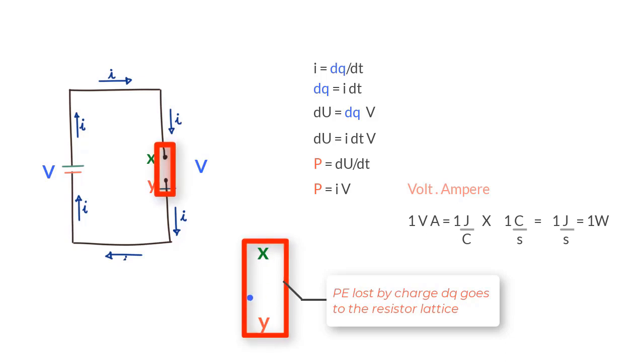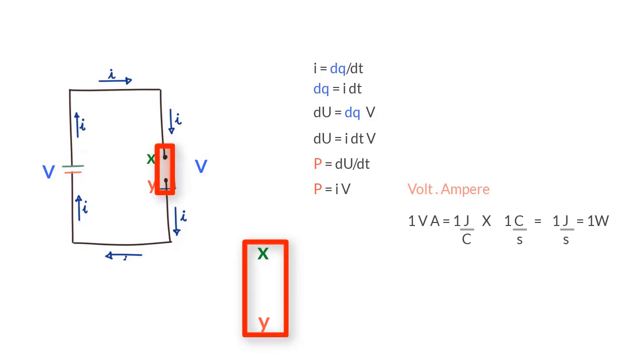This transfer is on account of collision of electrons with the molecules of the resistor, thereby increasing the temperature of the resistor lattice. So the mechanical energy of the electron is converted into thermal energy that is gained by the resistor, and this process cannot be reversed.